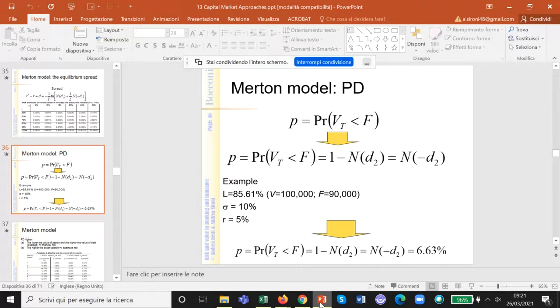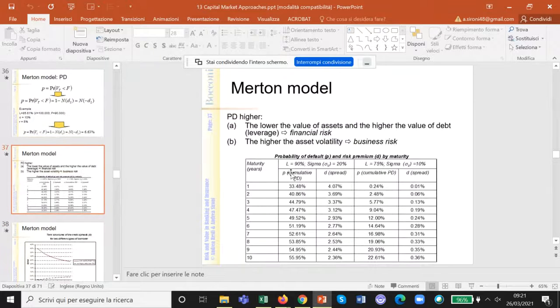So again, if we provide a numerical example with a given level of leverage, asset volatility and risk-free rate, we can compute the probability of default. Here are some examples, with given levels of financial risk and business risk, i.e. leverage and asset volatility: very high in the first two columns on the left part of the table, and much lower in the right part of the table.